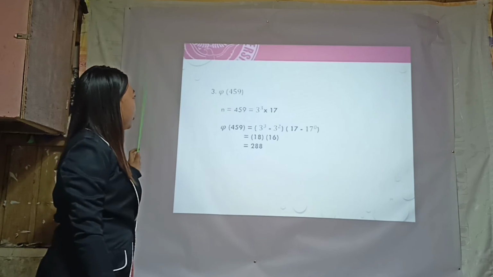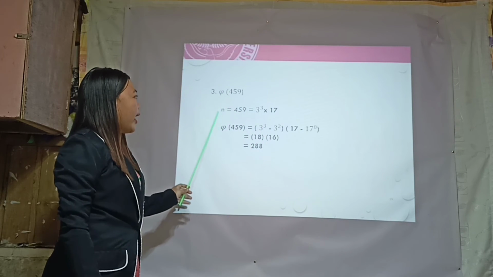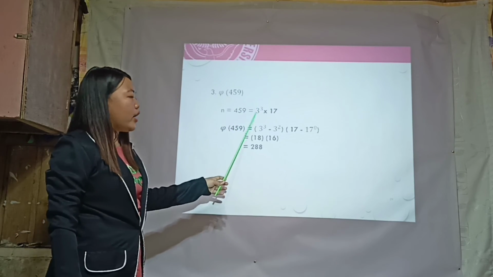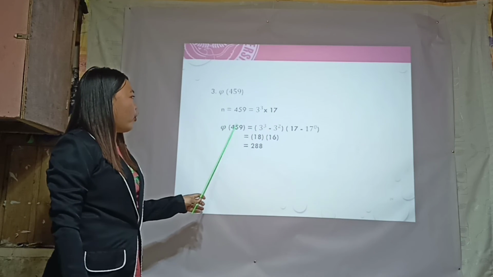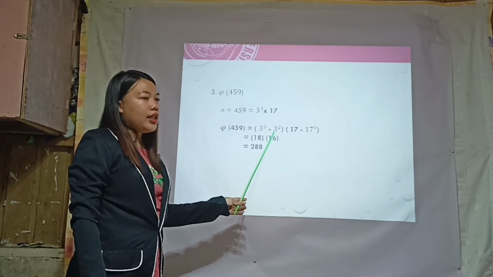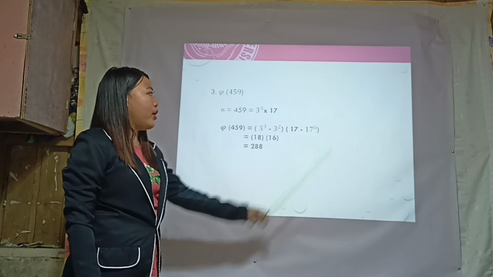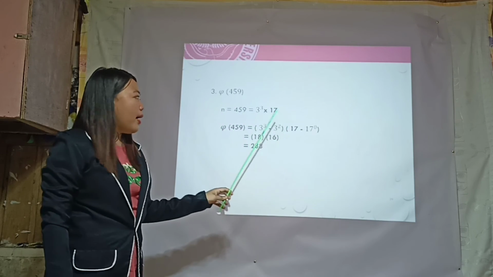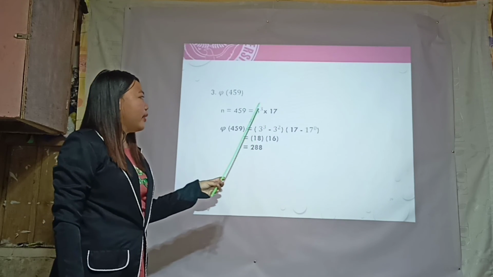So let's check number 3. φ(459). So our n is equal to 459, which is 3³ times 17. So φ(459) is equal to (3³ minus 3²) times (17 minus 17⁰). So 3 times 3 times 3, which is 27, minus 9 is equal to 18.